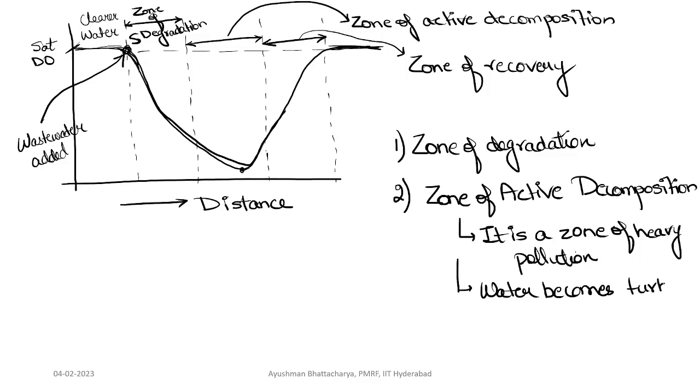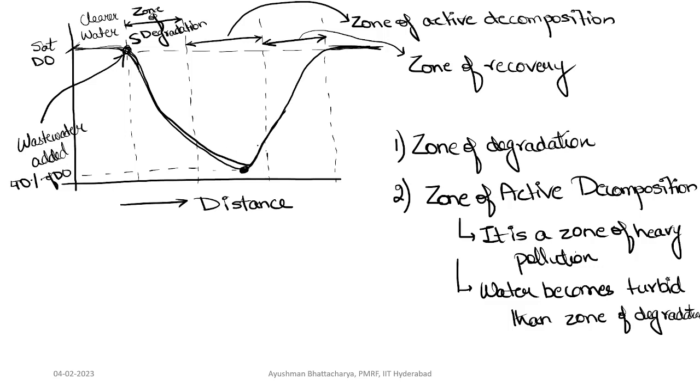Fish will disappear. At the end of the zone, DO concentration will reach up to 40% of the saturated DO. So here is the DO minimum. This is the point where the DO level will be minimum.